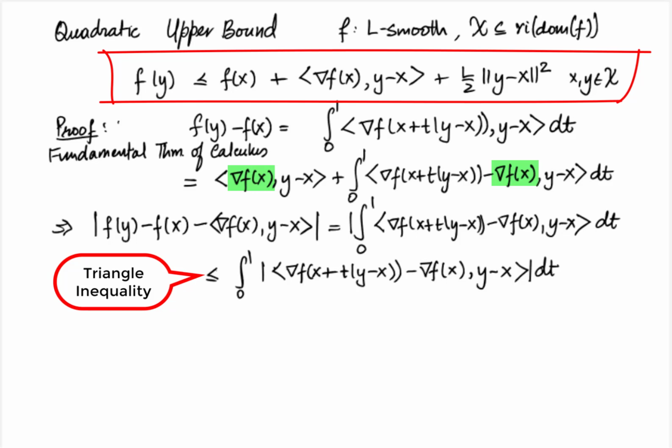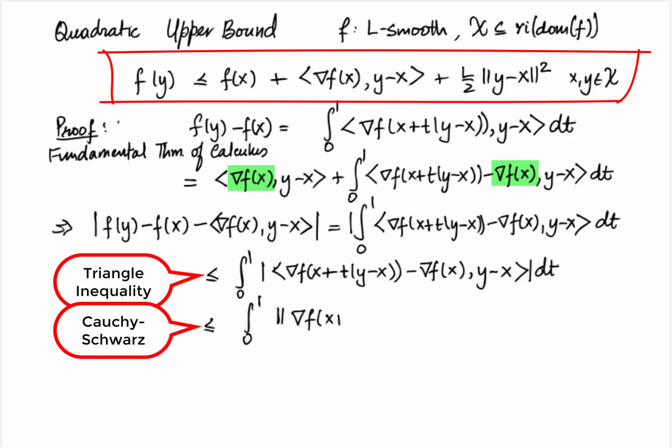Now let us use the generalized Cauchy-Schwarz inequality, which you have already seen, which says that the inner product is less than or equal to the dual norm times the norm. Using it here, we get the integral from 0 to 1 of the dual norm of gradient f of x plus t times (y minus x) minus gradient f of x, times the norm of y minus x.